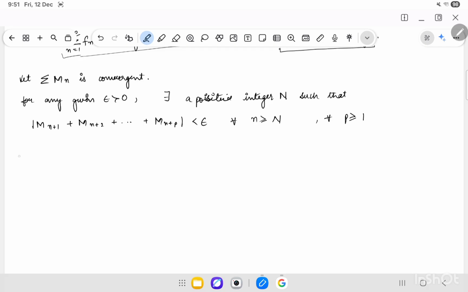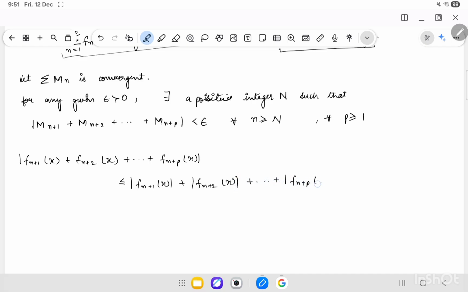Now if I evaluate this, that is fn+1(x) + fn+2(x) and so on up till fn+p(x), I can use the triangle inequality here. That will give me the absolute value of fn+1(x) plus the absolute value of fn+2(x) and so on up till the absolute value of fn+p(x).